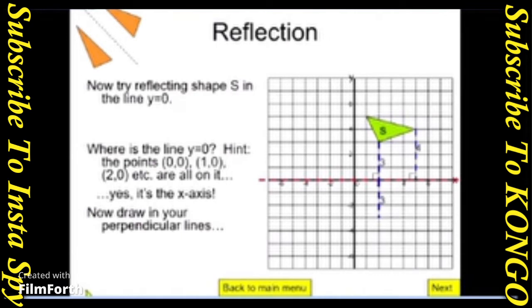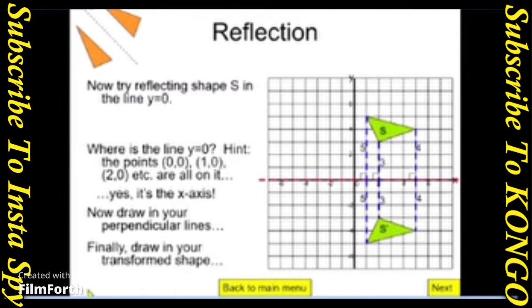Same thing for the second point there, and then for the third point. And what do we have? We have the reflection. So S would be the object, and S prime is the image.